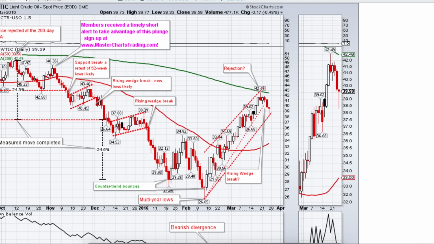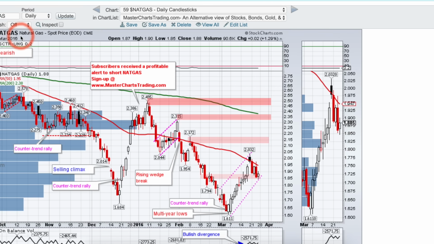All right, let's move on to natural gas. Okay, this is natural gas spot price daily chart going back 6 months also. So quite a bearish security again. There's a multi-year low here at $1.6 and some change, and then a rebound in the form of a rising wedge. Now again, last week I had it drawn very tightly around these candles here, the all white candles.